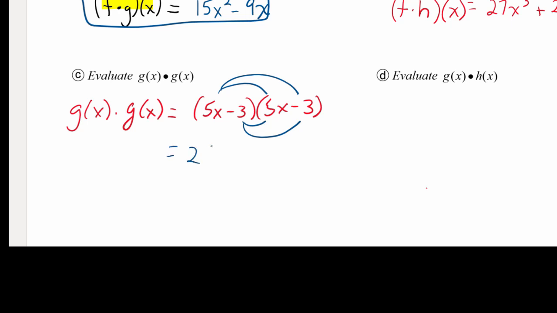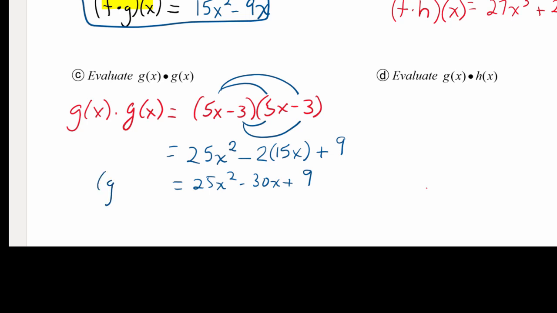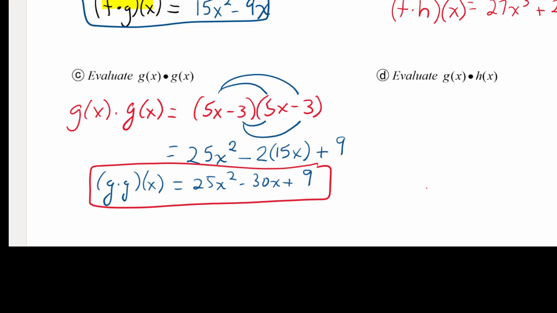We get 25x squared, and our middle term will be 2 of these negative 3 times 5x, or negative 15x. So it'll be 2 of those, and then plus 9. So we get 25x squared minus 30x plus 9 as our new function, g of x times g of x, or g times g of x. A quadratic, a parabola, that's what we got.